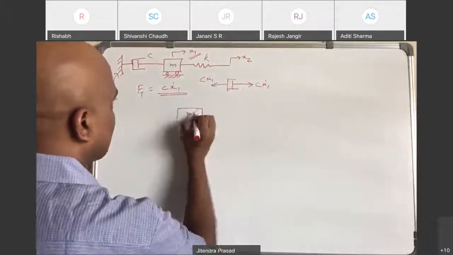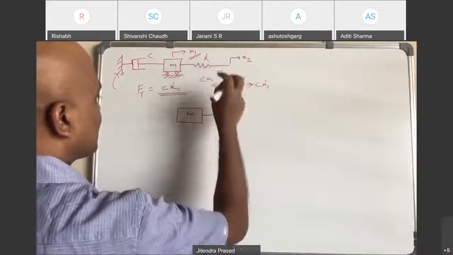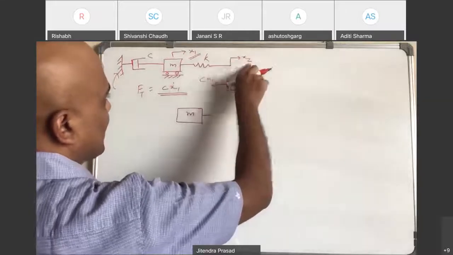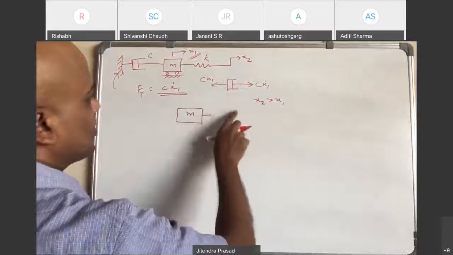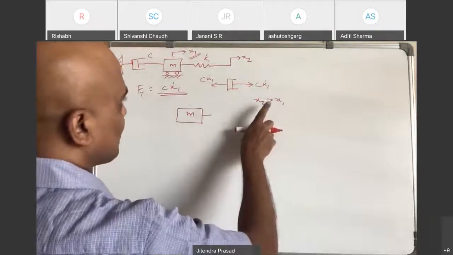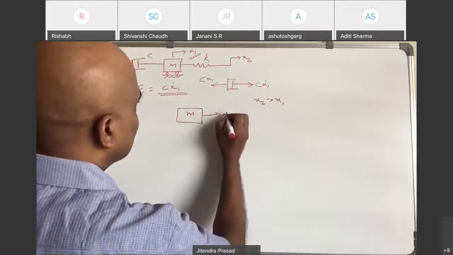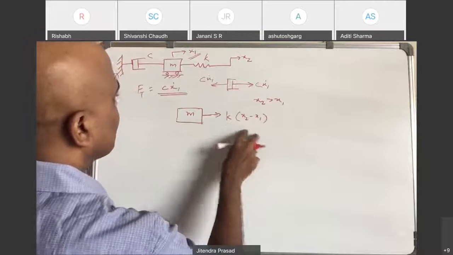We have m, and here you can assume x2 is greater than x1. That means the spring is stretched, and hence the force will be this way. How much force? The force will be k(x2 minus x1).